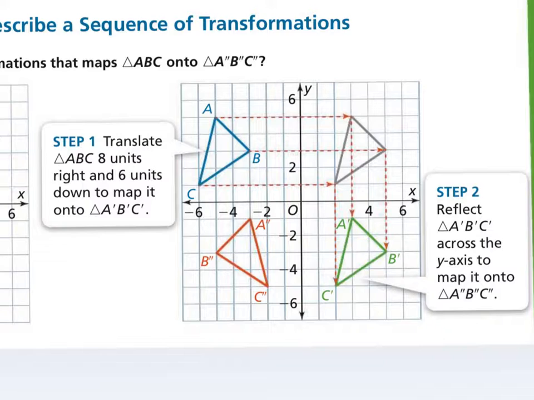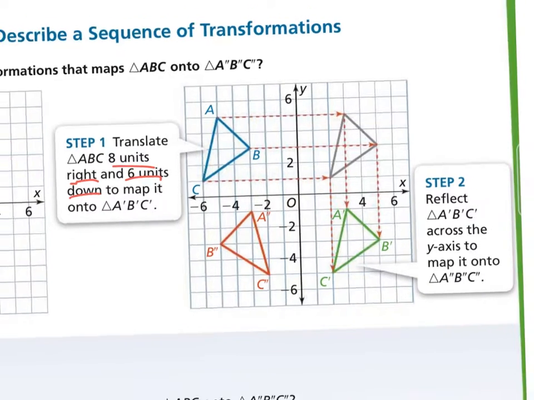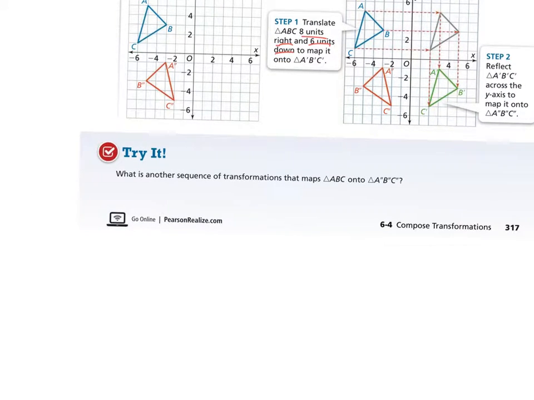So it's kind of 3 things, but if we do the translation all in one step, going to the right and down in the same step, and then do that reflection, then we can say it's only 2 things that we're doing to get to that point. So the Try It says what is another sequence of transformations that maps from the one triangle to the other triangle.